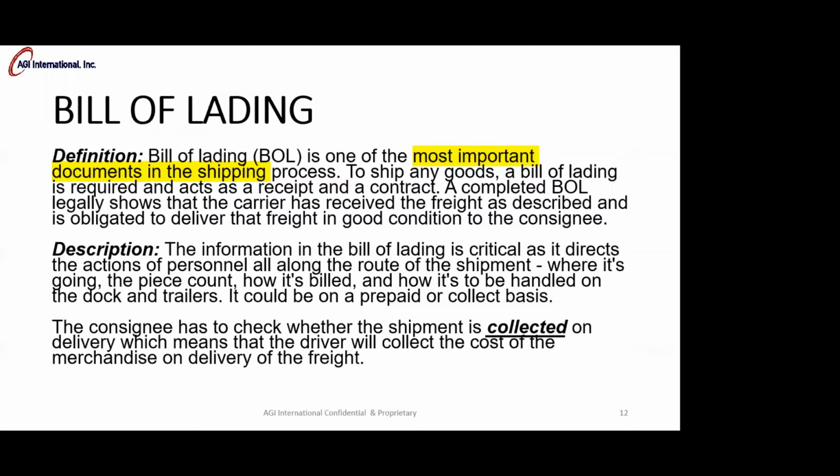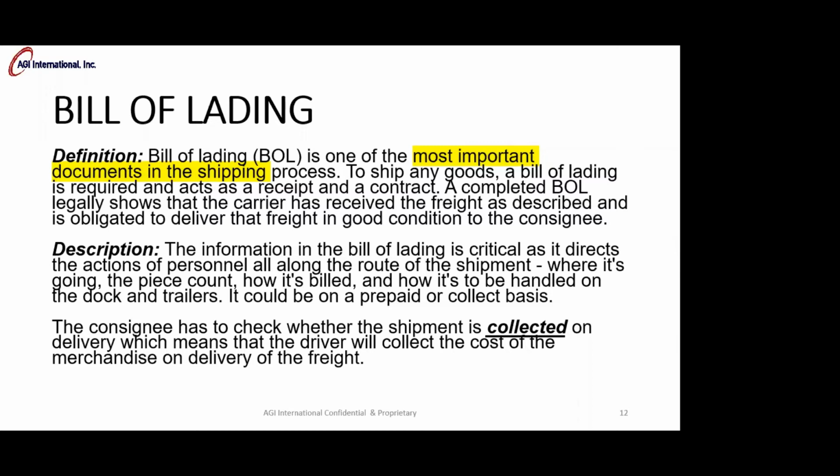One of the most important things you're going to do is the bill of lading. I'm going to go through this definition of a bill of lading in the description because I think this is critical. It's one of the most important documents in your shipping process. To ship any good, a bill of lading is required and acts as a receipt and a contract.